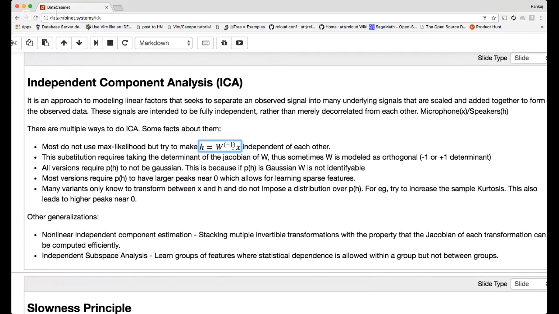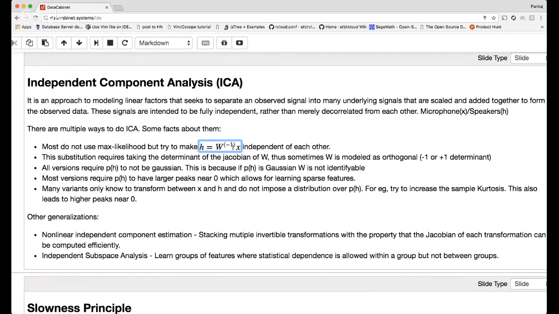It doesn't go into a lot of detail, but generally they try to make W orthonormal, which is unit length 1 with all the columns orthogonal to each other, so that the volume is 1, the determinant is 1 or minus 1.